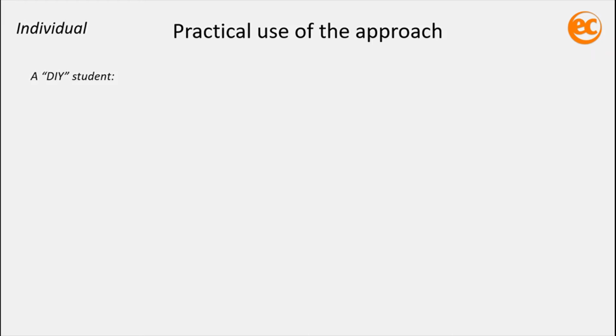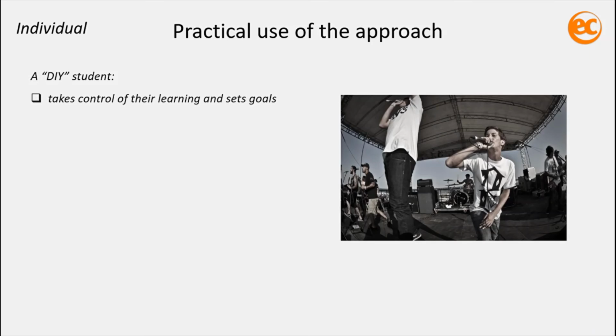And I started thinking about the features, the characteristics of an autonomous student, a DIY student, and I know you can find these characteristics in different literature, but this is kind of using the punk rock approach to describe a DIY student.